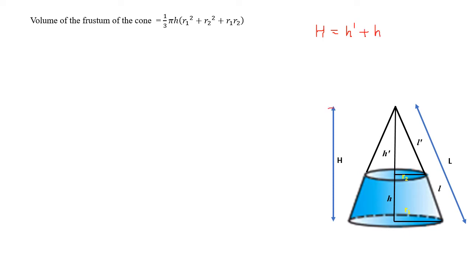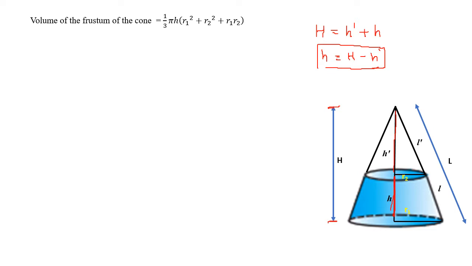The total height h is h prime, that is the height of this top cone, plus h, the height of the frustum. So I can write h equal to h minus h prime. Okay, so this is the height of the frustum. Is it clear?